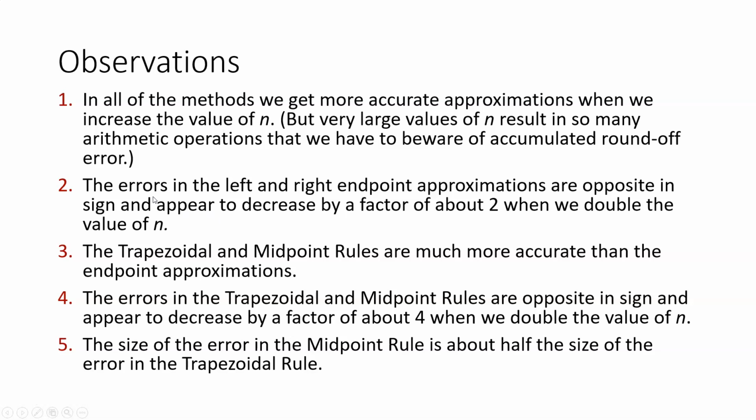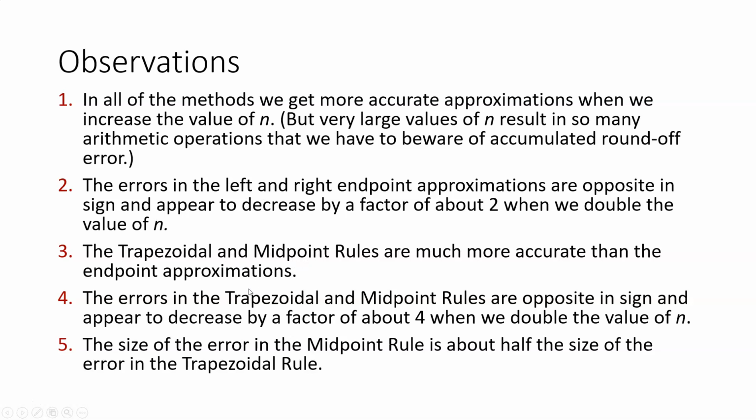We noticed that comparing the errors in the left and the right endpoint approximations, they were essentially opposite in sign, but pretty comparable in absolute value, and they tended to decrease by a factor of 2 roughly when we double the value of n. With the trapezoidal and midpoint rules, they were much more accurate than either the left or right endpoint approximations.